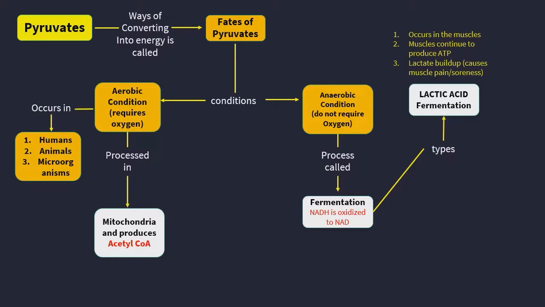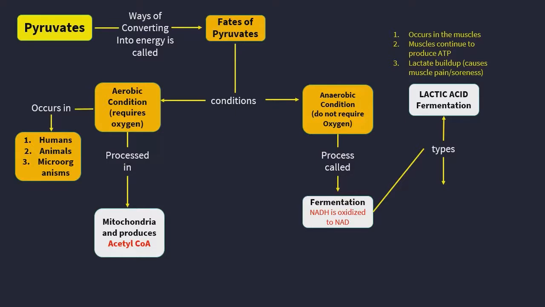But with athletes and the rest, lactic acid fermentation will also build up lactate in the muscle, and because of this it will cause muscle pain, or sometimes called muscle soreness. So this is one type of fermentation from an anaerobic condition.